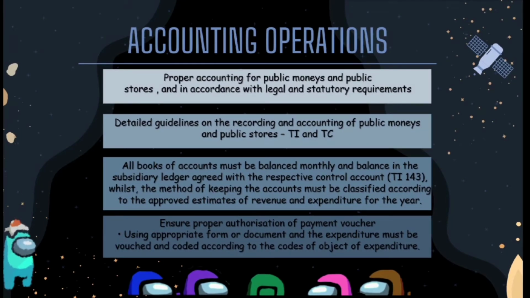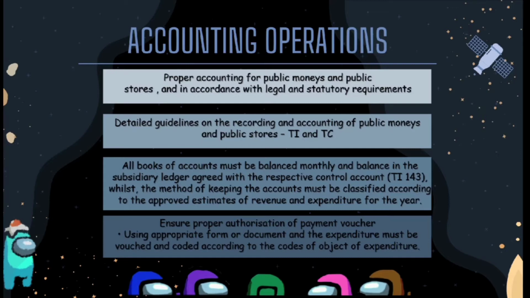As a non-profit organization, public sector accounting system is not expected to inform its profit and loss, but rather to disclose how public monies and public stores have been used for that purpose. So, there is a proper accounting for public monies and public stores, in accordance with legal and statutory requirements.